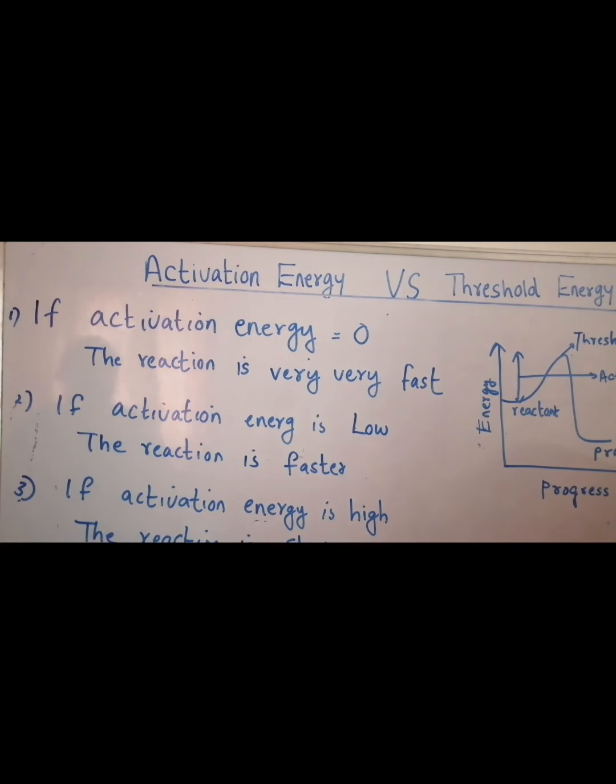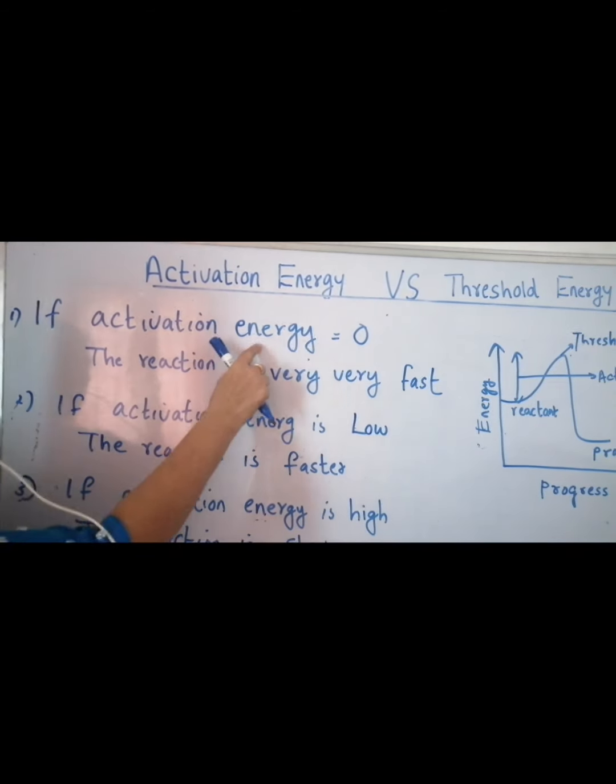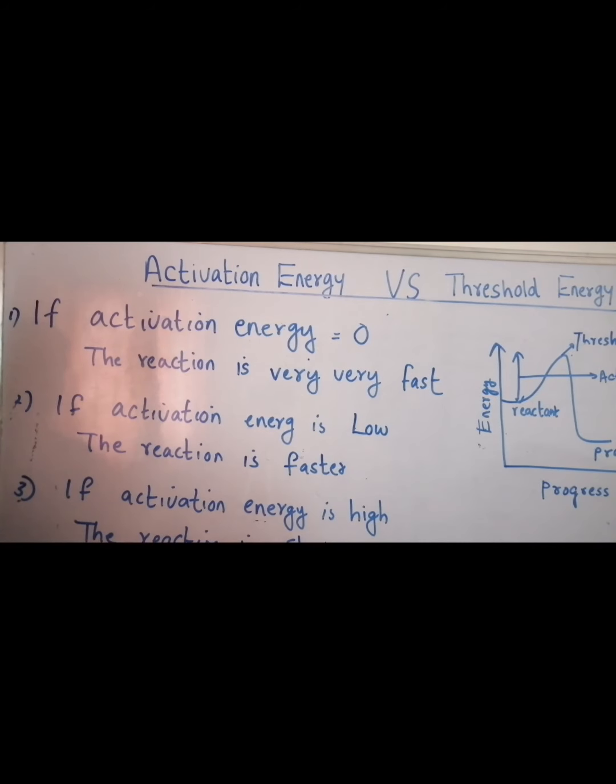Now let us see how activation energy is related to the speed of a reaction. If activation energy is 0, that means the reaction doesn't require any additional energy, so the reaction is very, very fast.